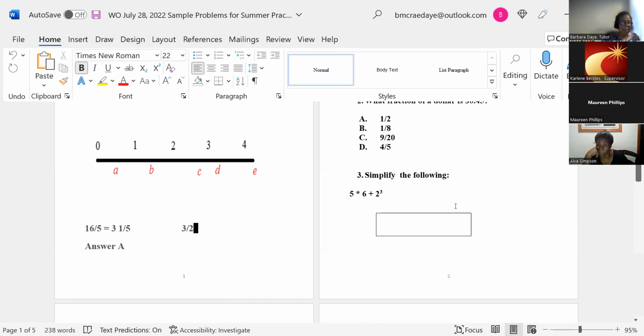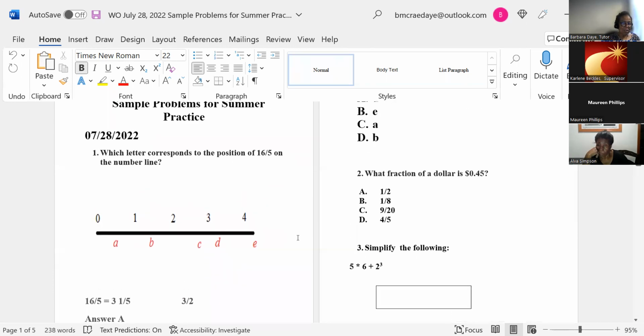So what letter would correspond to 3 halves, Maureen? 3 divided by 2 is what? What would it be as a mixed fraction? That's math. 2 into 3, how many times? 1.5.